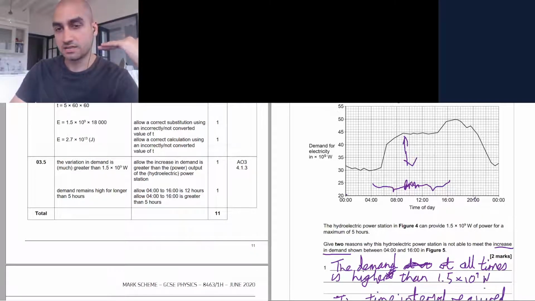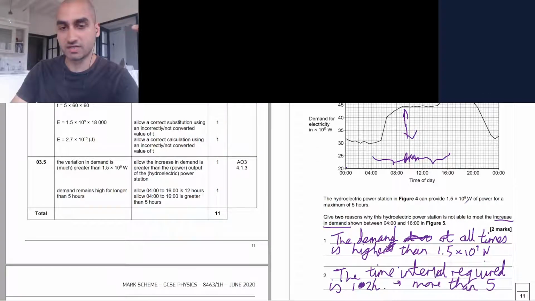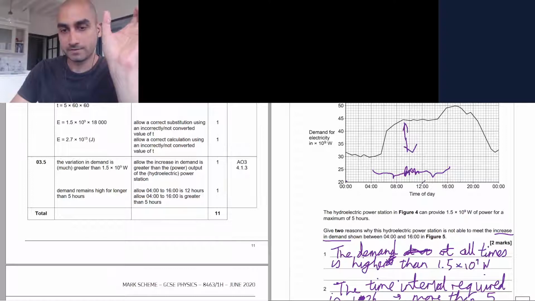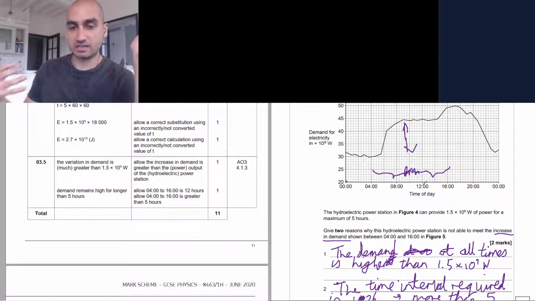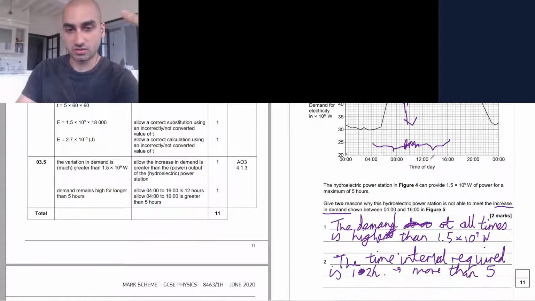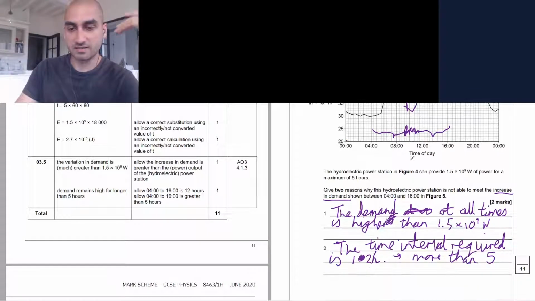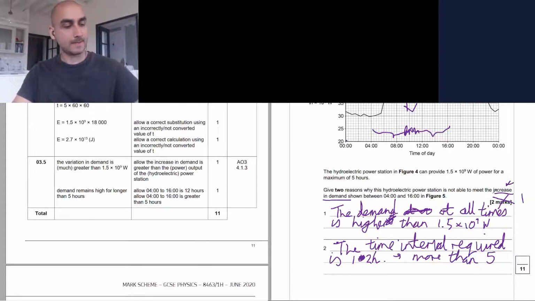They're saying something else powers it most of the day. But for 4 to 4, they want to bring in the hydroelectric to account for the higher demand. So it's extra. So it's the increase that matters. Okay, fair enough. So I got 1 mark because I did mention that the time is longer than 5 hours. But I didn't pay attention to this word here, increase. Fine.